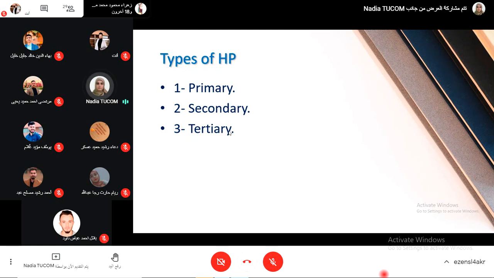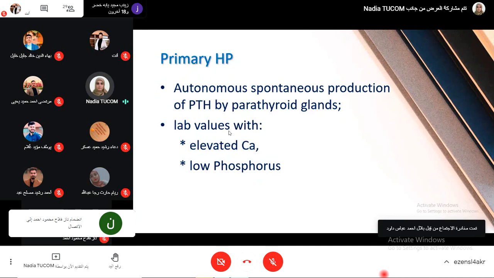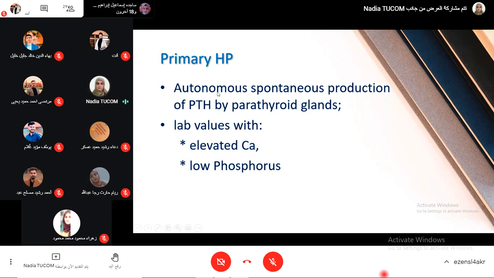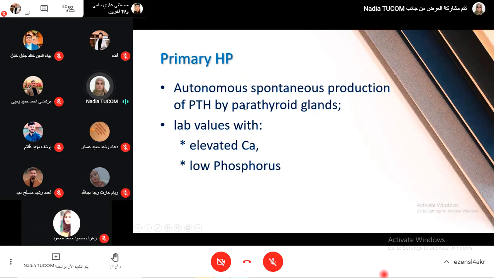So in primary hyperparathyroidism, there is autonomous or spontaneous production of PTH by the parathyroid gland. This is independent of the serum calcium or the blood calcium level, in which there is an adenoma or hyperplasia.